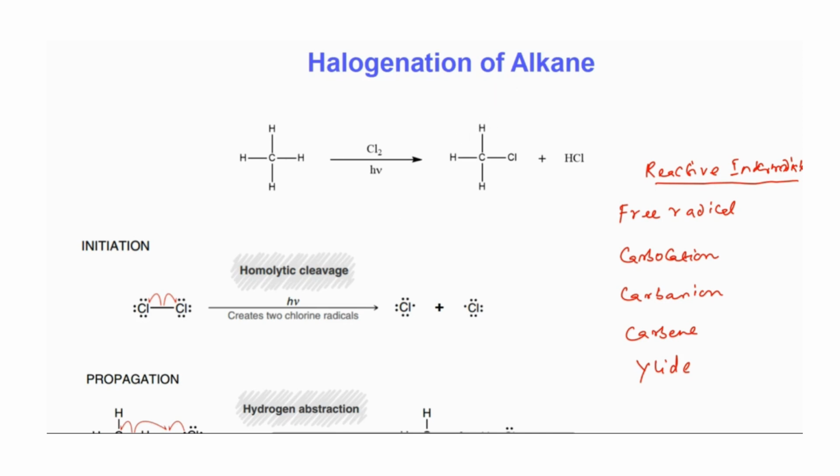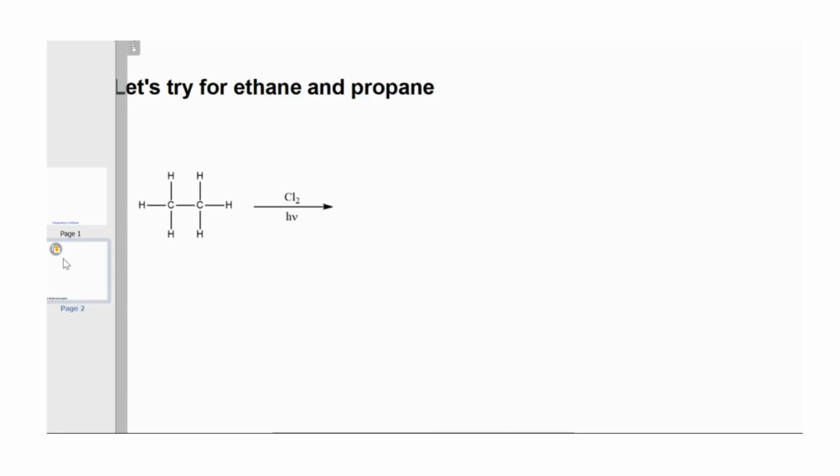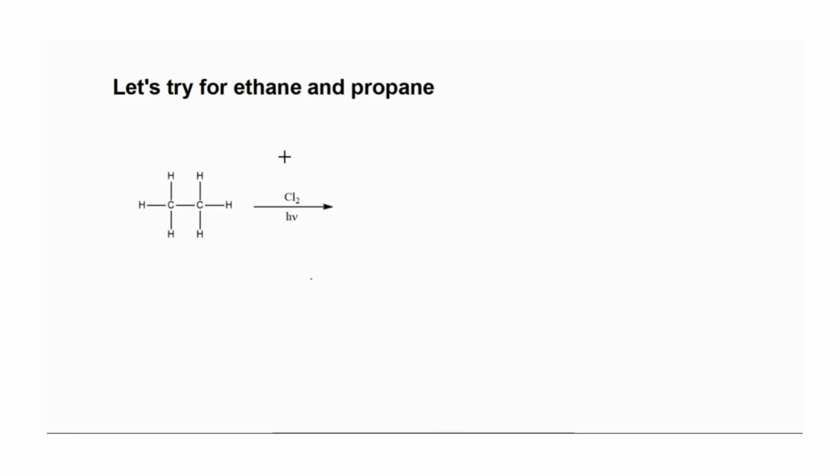Now let us see what will happen with a higher alkane, taking an example like ethane or propane. How will ethane undergo this halogenation reaction or free radical substitution reaction? The first step is, as usual, common: the chlorine radical will get formed.